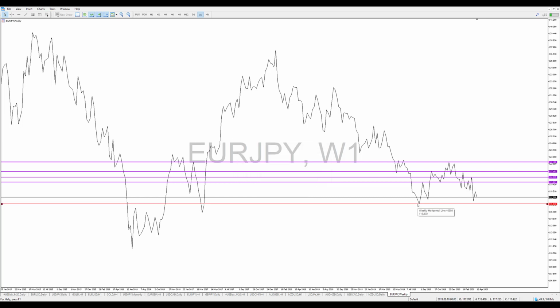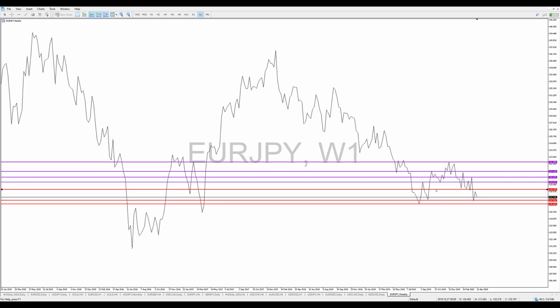So that's the first low, then we've got the second low here, and then we've got a couple of lows in this range here. You see this range, we've got a couple of lows there, and then we've got some here.